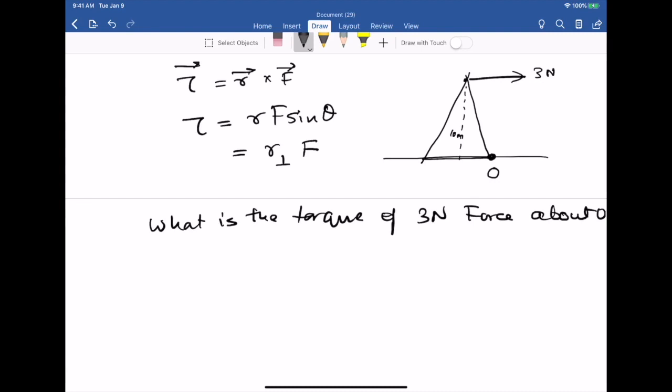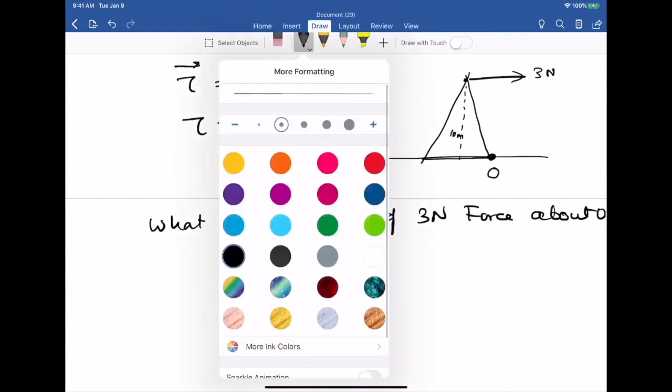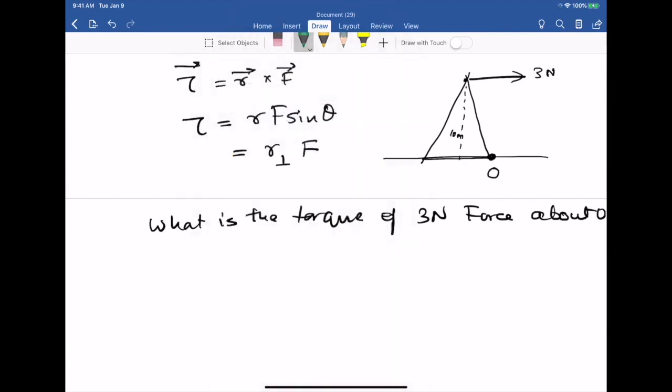Finding the lever arm is just a simple geometry construction. We draw a line through the force like this, and then we make a perpendicular from the reference point out to that line. So this is going to be our lever arm. This angle is 90 degrees. Okay, so the next thing we want to consider is, do we know the length of this lever arm right away?